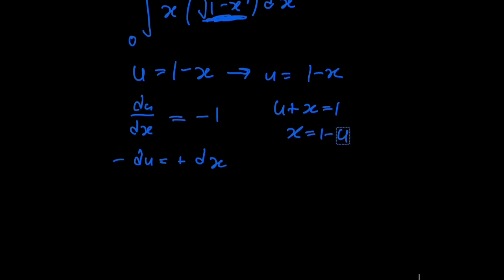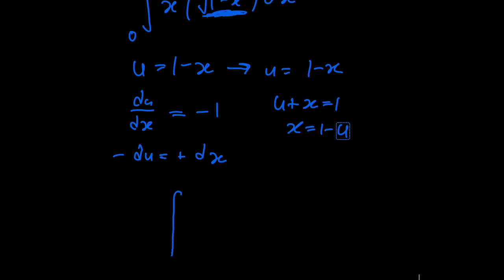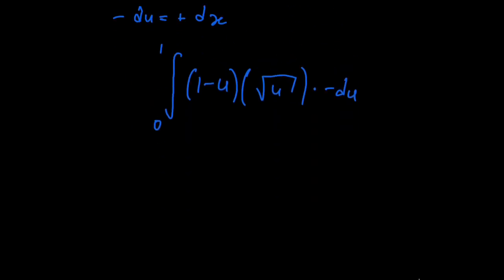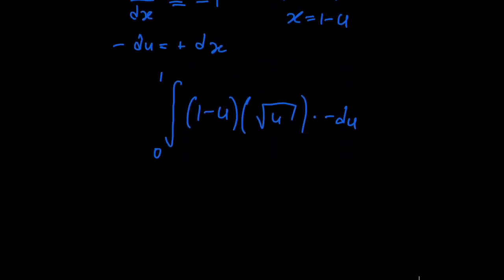Okay, now we can do all our substitutions, right? So substituting everything, we get integral from 0 to 1 of 1 minus u, so that's our x, times the square root of u times negative du, right? And then we can bring the negative outside.